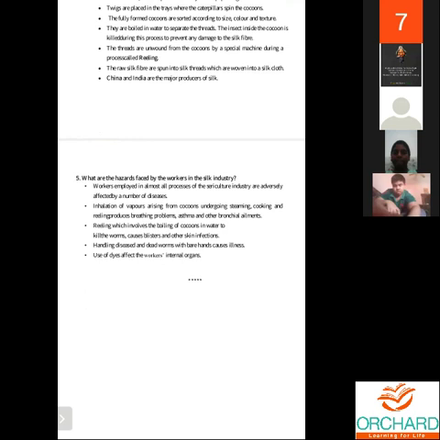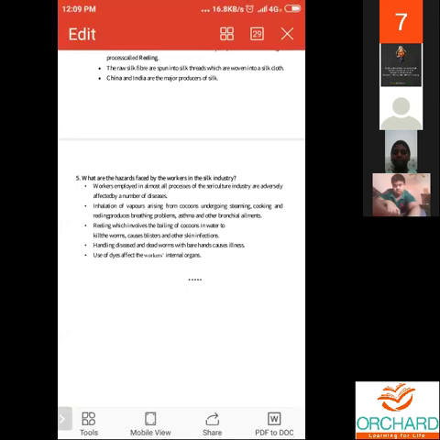Reeling, which involves the boiling of cocoons in water to kill the worms, causes blisters and other skin infections. Handling diseased and dead worms with bare hands causes illness. Use of dyes affects the workers' internal organs. So these are all the health hazards which the workers in the silk industry face.